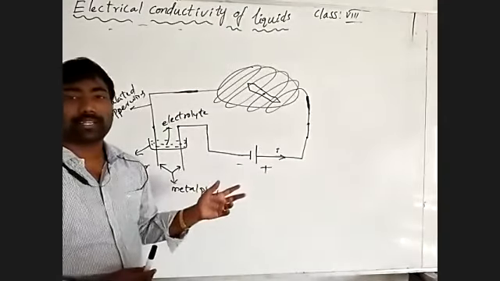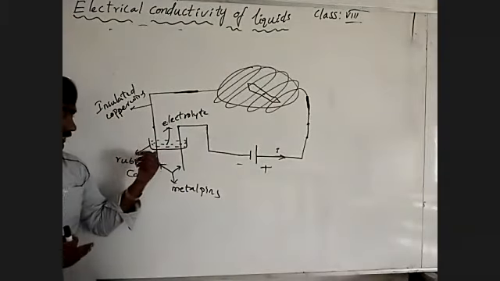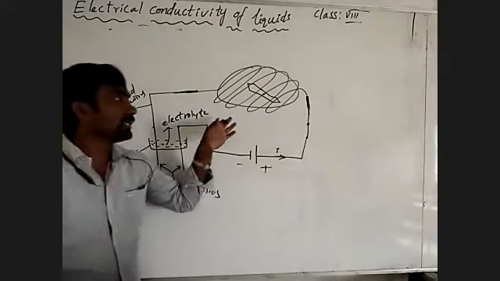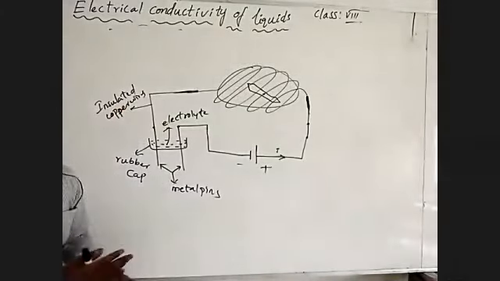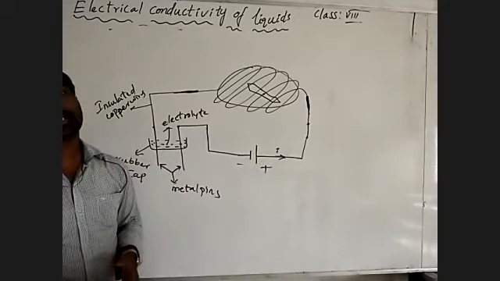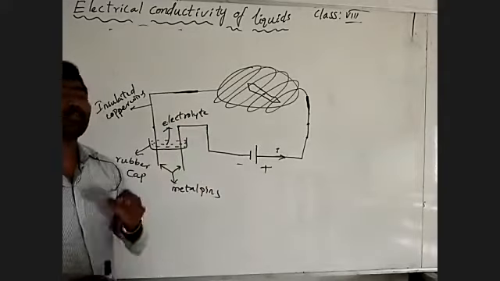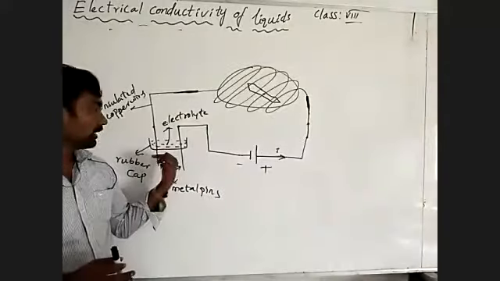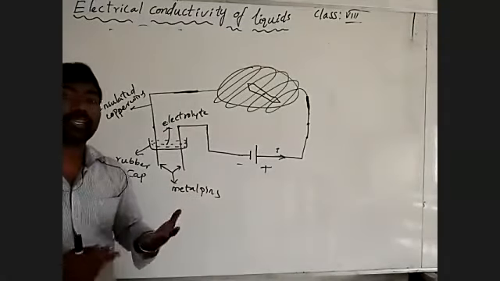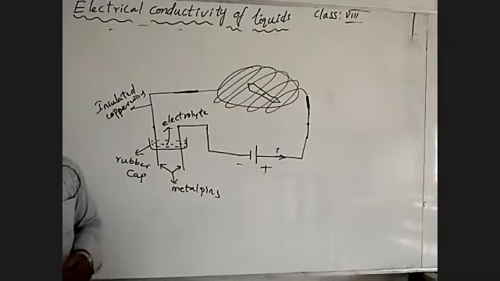So we can consider that the liquid we took is a good conductor for electric current because the magnetic compass shows deflection in the same direction as the electric current, which travels from the positive terminal to the negative terminal. So using a magnetic compass, we can identify whether the given liquid is a good conductor or not, whether it is acting as an electrolyte or not. Understand? By the deflection, by showing the direction of electric current.